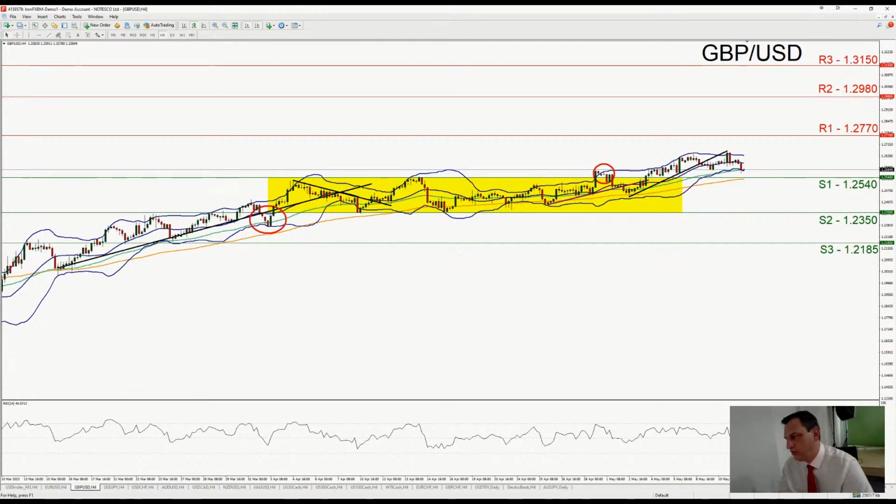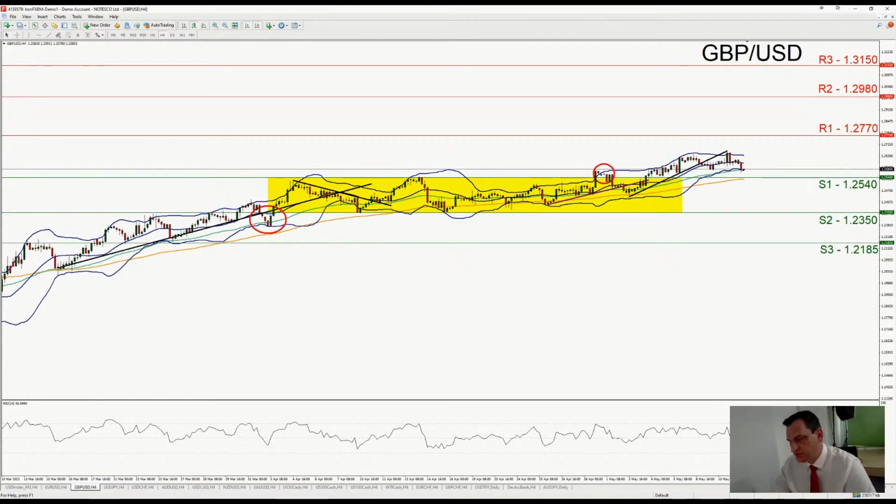On the other hand, though, I think the main catalyst behind cable's future direction may not be in the technicals as such. We may see the pair being more affected by fundamentals and especially BOE's interest rate decision today.